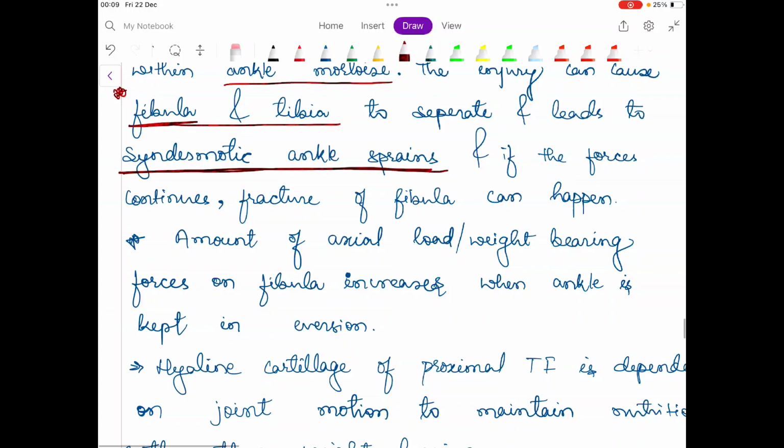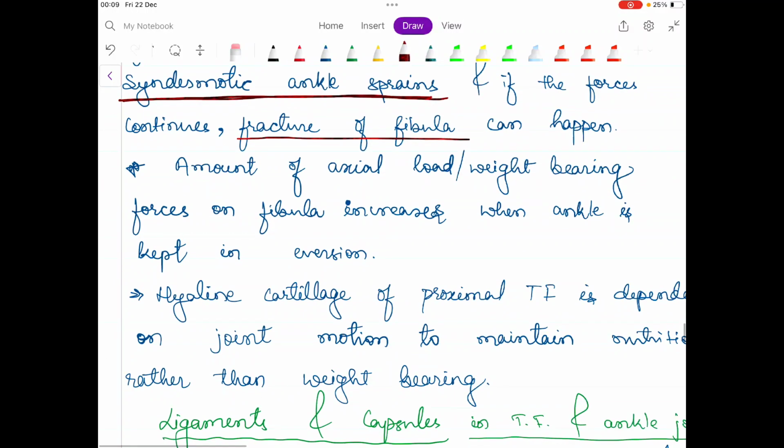And let's say the forces are too much. If the forces continue, then there might be a fracture of the fibula. That can certainly happen. Now the next point is that the axial load, or weight bearing forces, on the fibula increases when the ankle is kept in the eversion position.